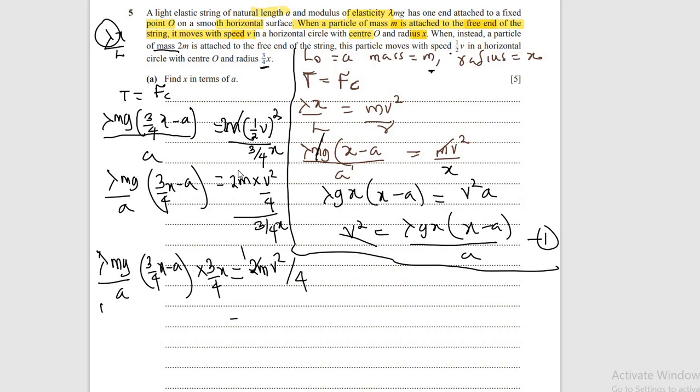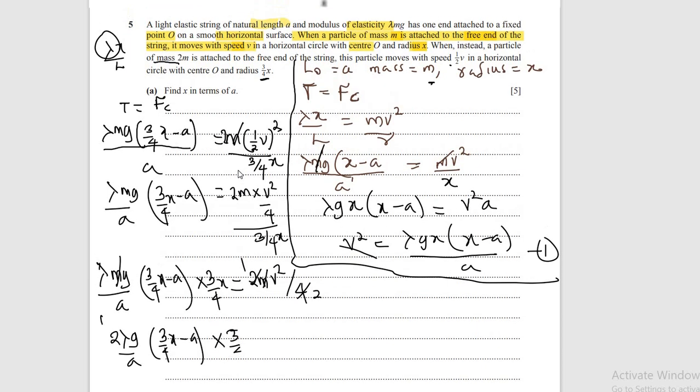So from here, mass cancels mass. At the end of the day, when you cross multiply, I'll be left with 2 lambda g over a, 3 over 4x minus a, multiplied by 3 over 4x, equal to v squared.